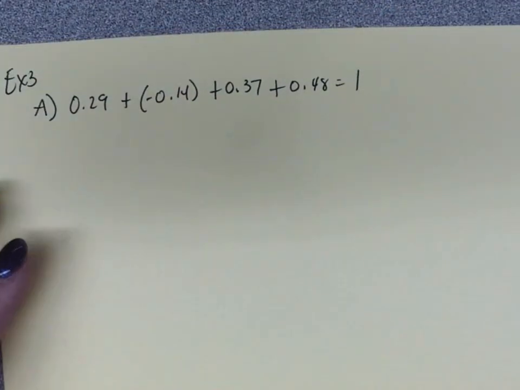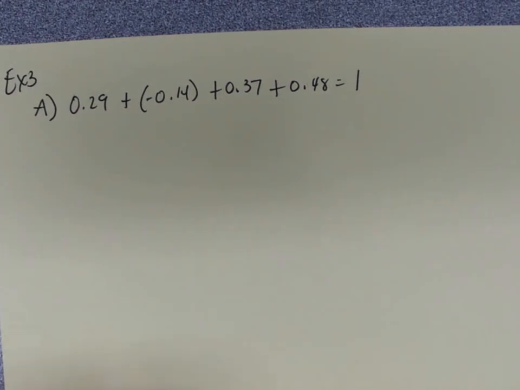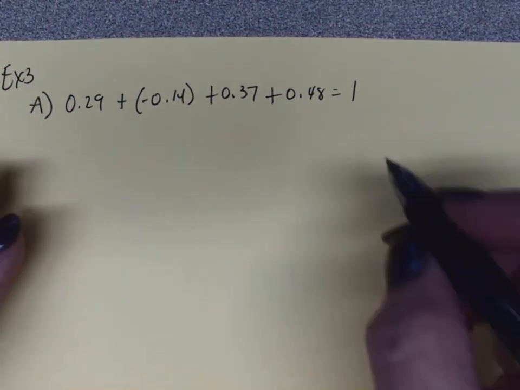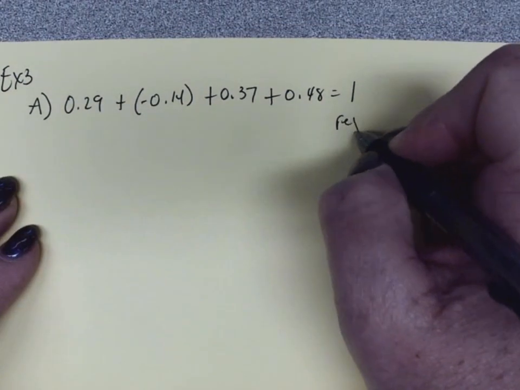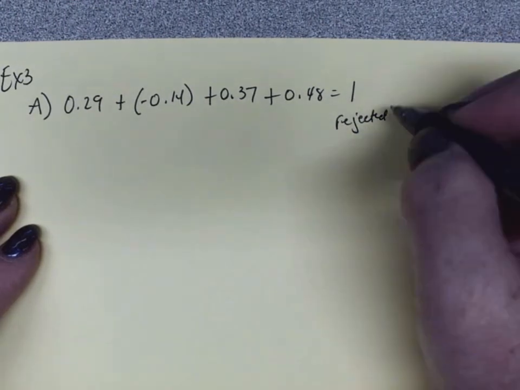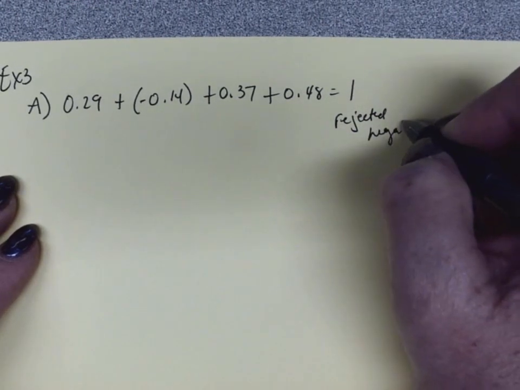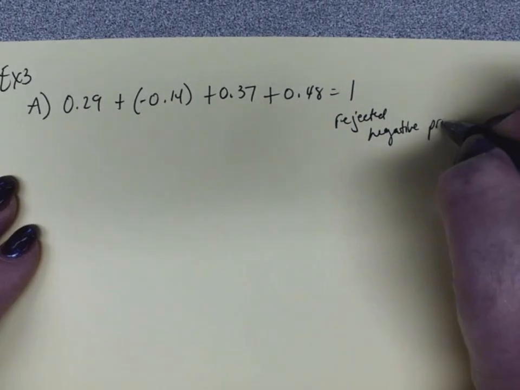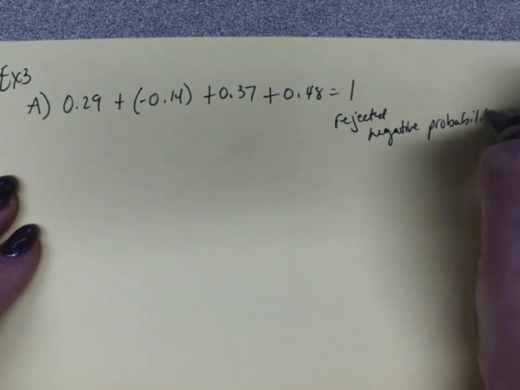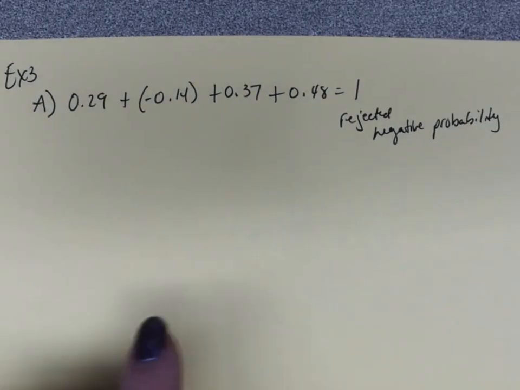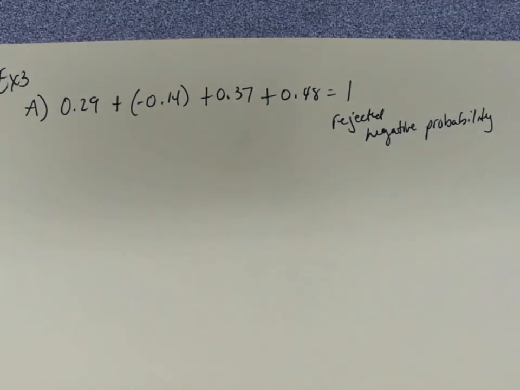Now this totals to be 1. The total probability is 1. However, this one will be rejected because of a negative probability. All probabilities have to be positive. Okay? That negative right there means it won't work.